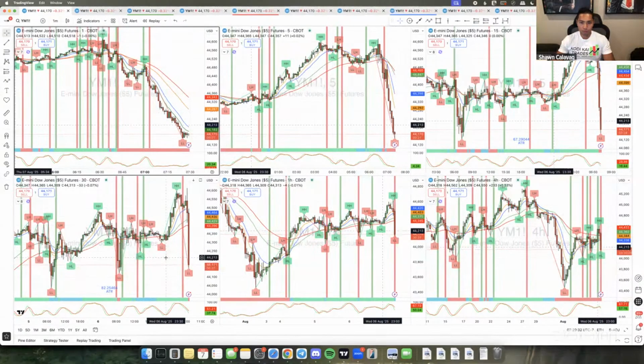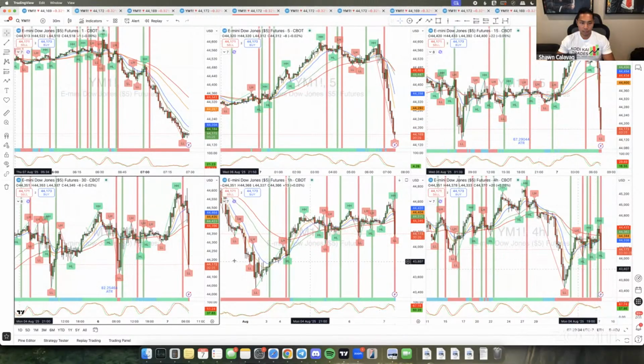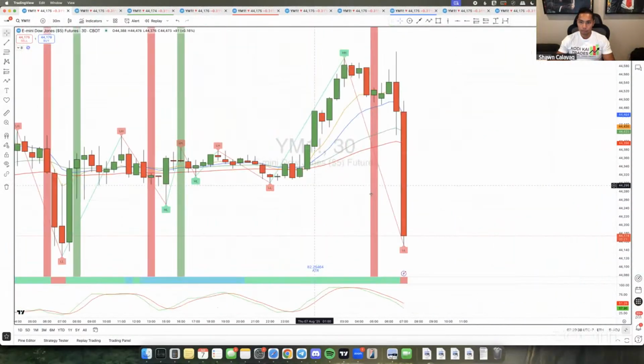If you look over here on the 30-minute candle and the 1 hour candle, these candles are huge, right? In the last 30 minutes, price dropped 345 points with no retracement. It's a huge drop, right?